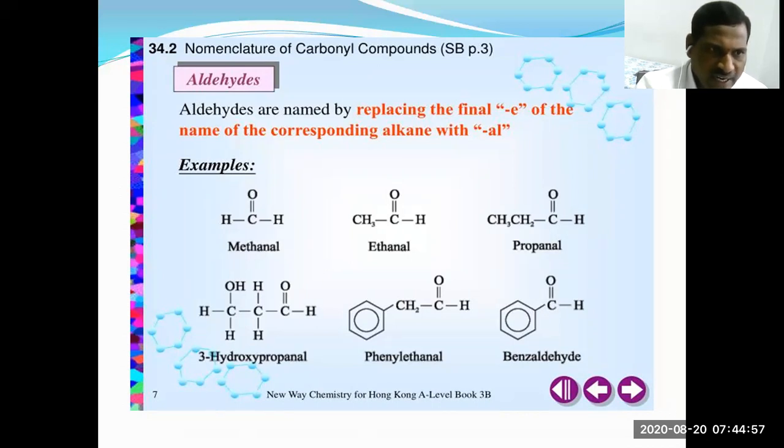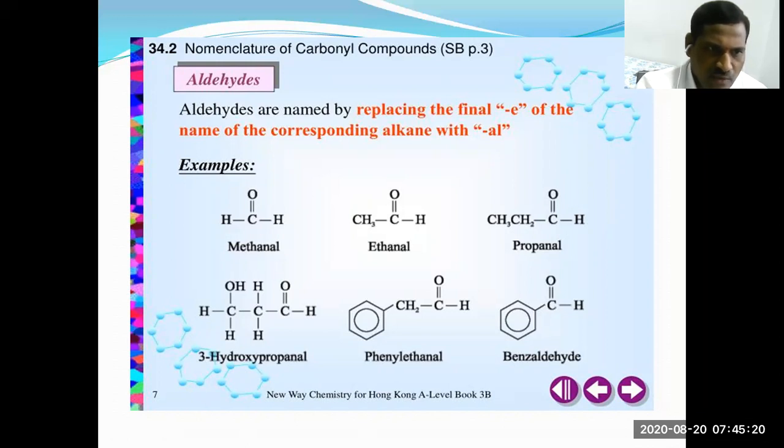So in aldehydes, the suffix is al. Whereas see here, in the second compound, two carbons are present. The alkane name is ethane.